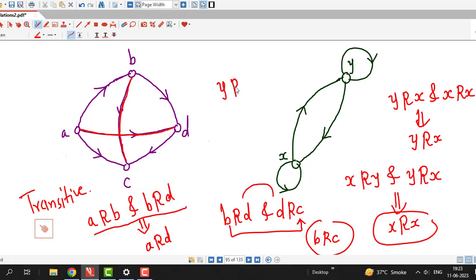We can check in this way also: Y is related to X and X is related to Y, therefore we must have Y related to Y, so there is a loop at Y also. So this is also an example of a transitive relation.